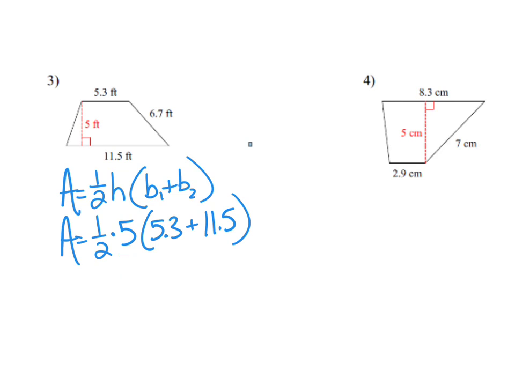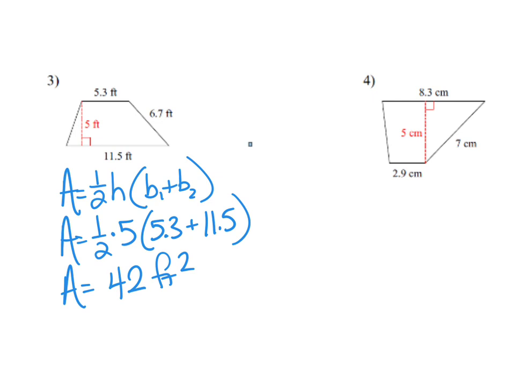Let's go ahead and then I'll let you type that in your calculator. Tell me what your answer is. Even with the decimals and the fractions, this one still comes out nice to 42 feet squared.